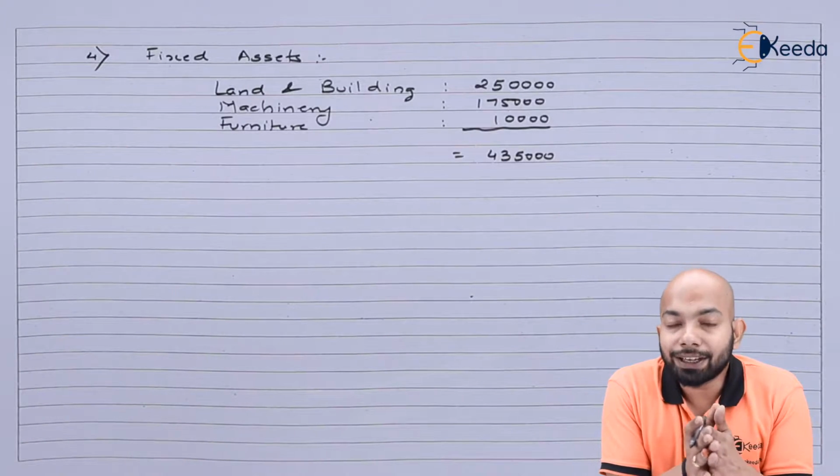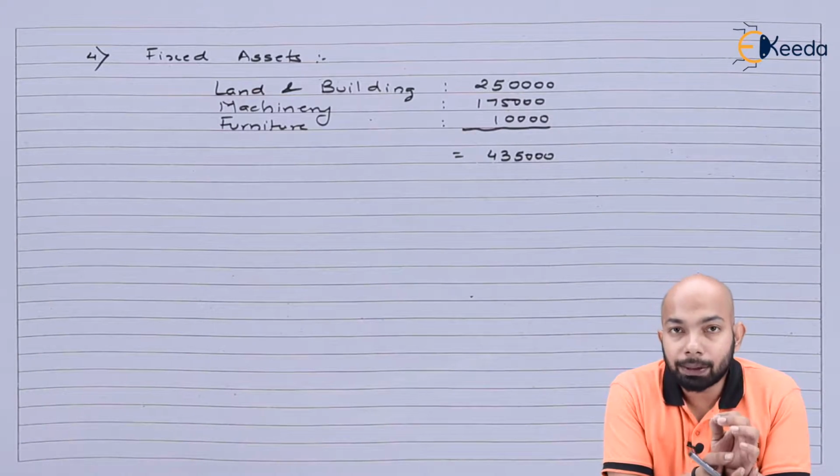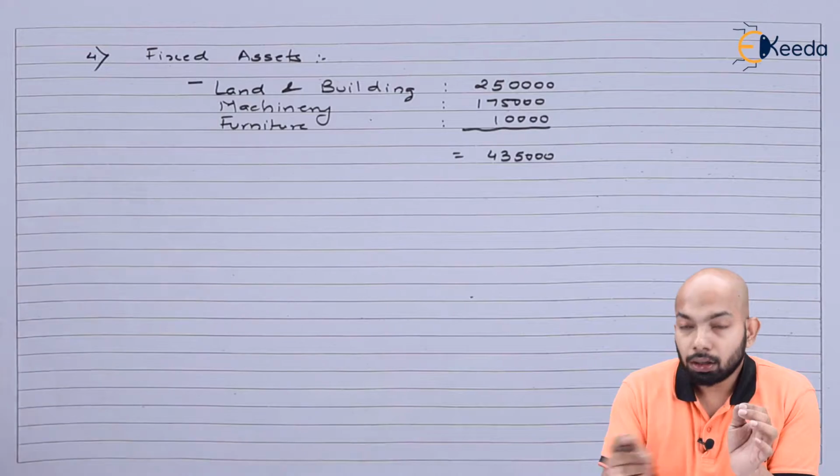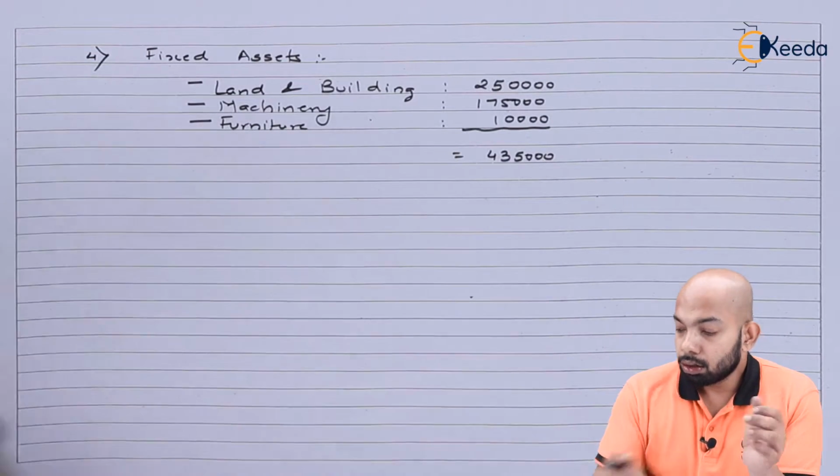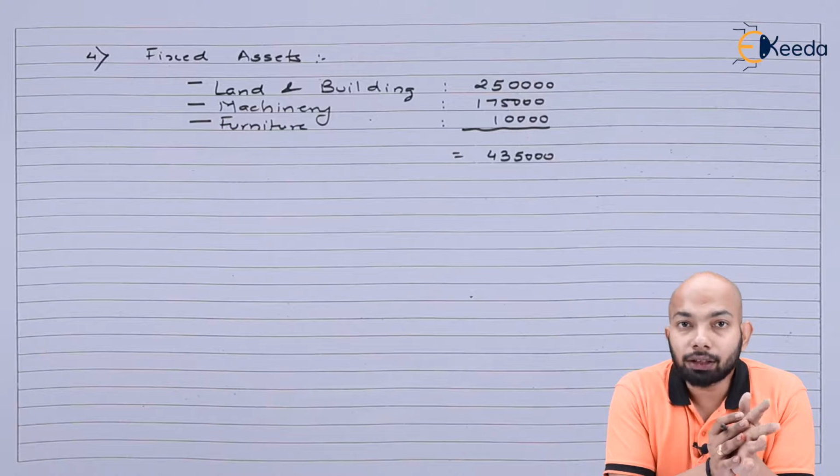The next phase is fixed assets, which has land and building, next is machinery and furniture. The total of that being 4,35,000.